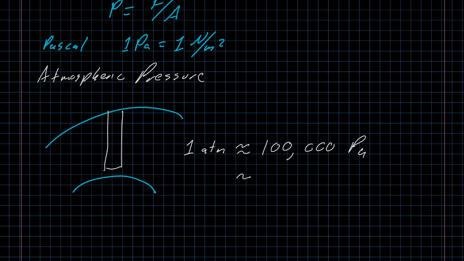And then if we want to go into the US customary system, we tend to use a unit called the PSI, which stands for pounds per square inch. Right? In the US customary system, we use inches instead of meters, and we use pounds instead of newtons, so it makes sense. An inch is quite a bit smaller than a meter, so it makes sense that the PSI measure for atmospheric pressure is a lot smaller numerically than the SI unit in pascals.